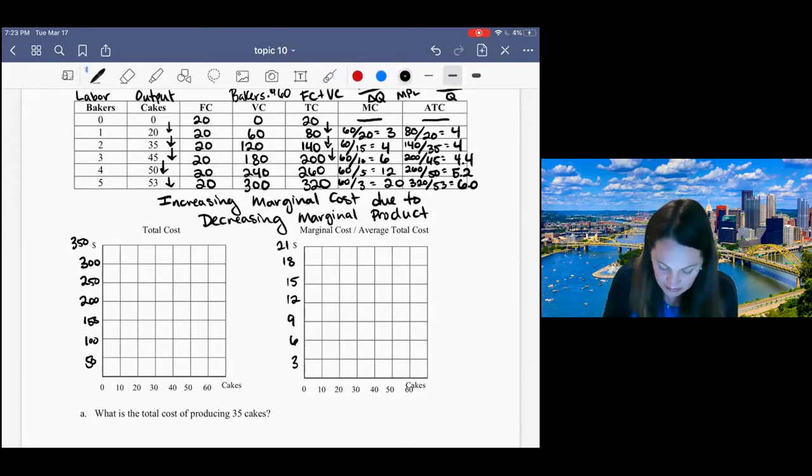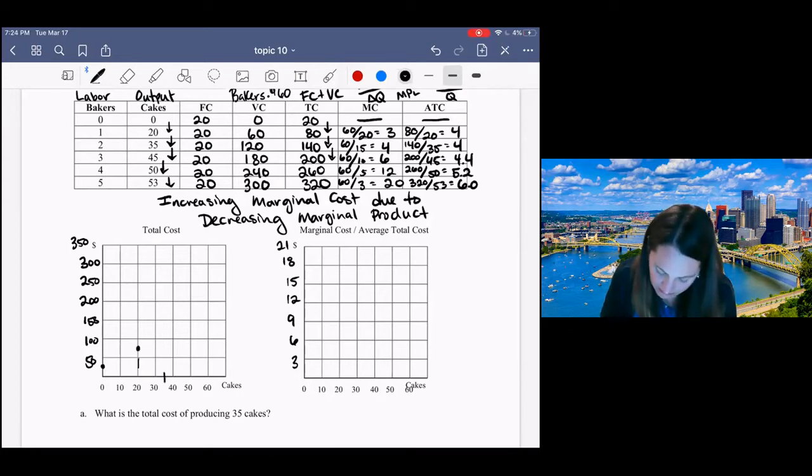So when we've got total cost here, okay, if we produce nothing, total cost is not 0, right? Total cost is 20 here if we have 0 output. Then notice the x-axis is cakes. So we're going to skip on over to 20 cakes, and that's going to give me a total cost of 80.